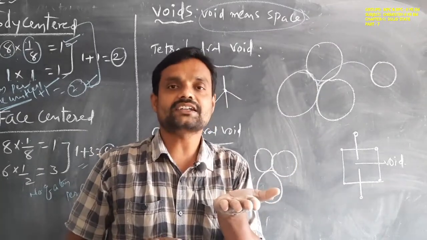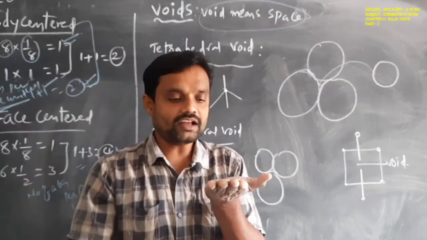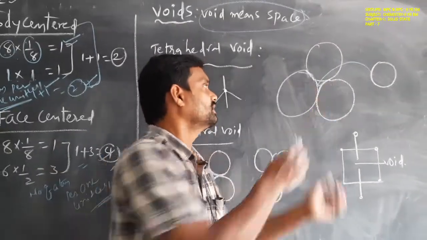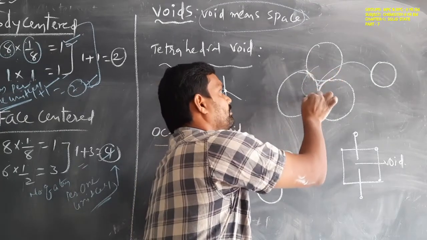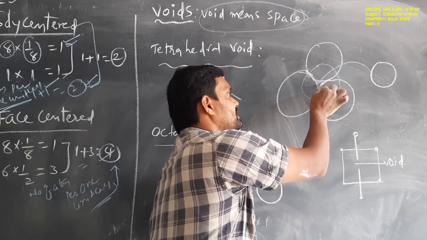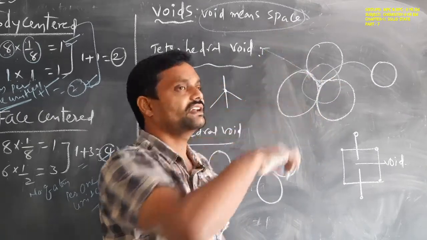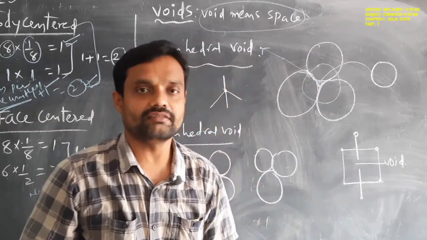When another sphere, another atom, is placed above this layer or below that layer, the vacant space, the void, will exist. That void is called a tetrahedral void.